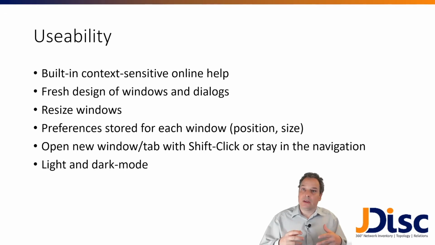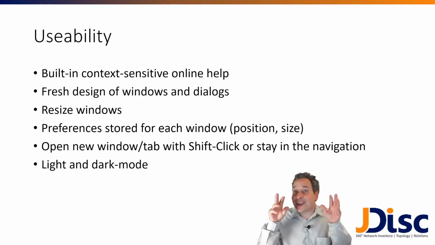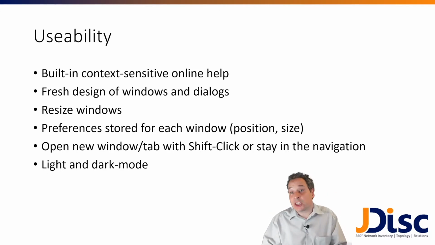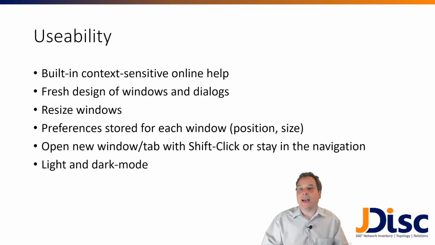Because it's a browser, you can open a new tab or a new window with shift click, and so stay on the screen that you're currently at, but have a different dialogue in a different thread, so to say, which comes with a browser automatically. And of course, there's a light mode and there's a modern dark mode, which is often used by developers, for example, or also others in operations, because it's better for the eye.